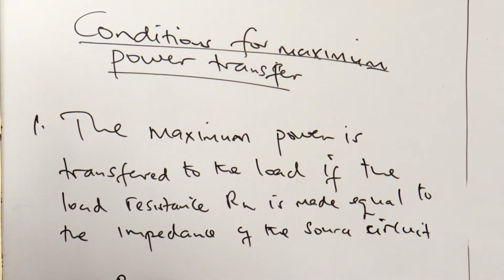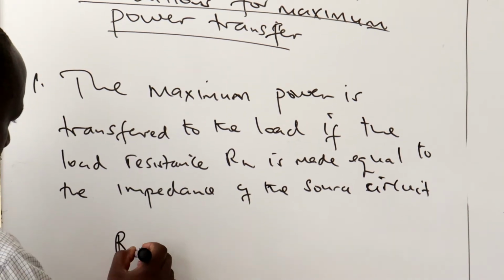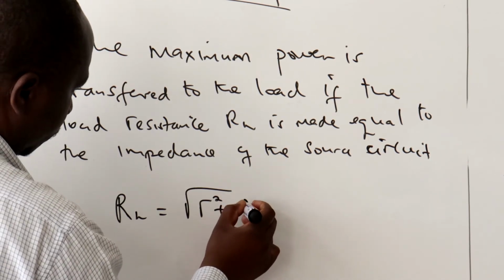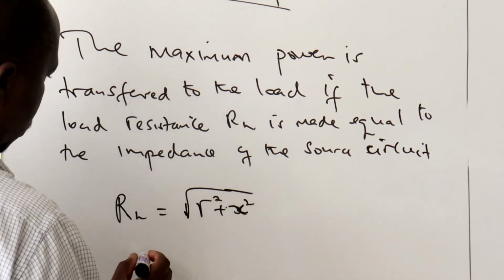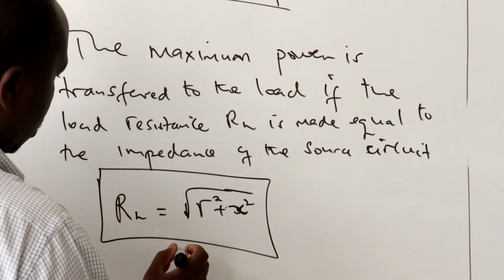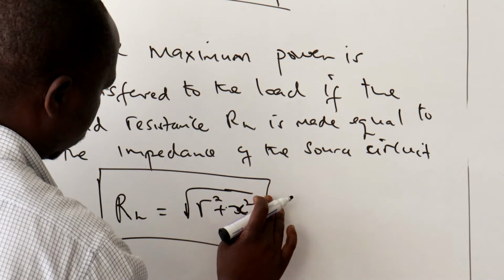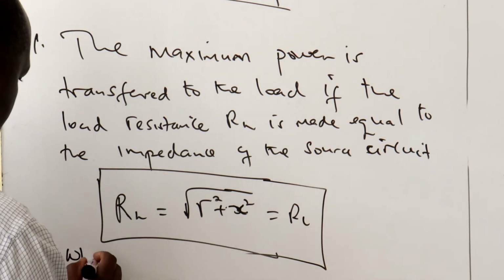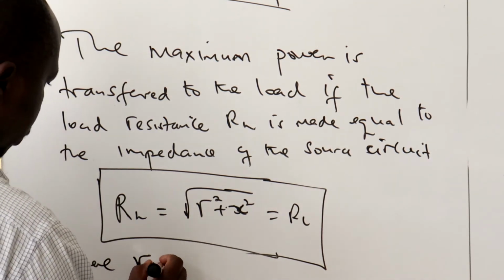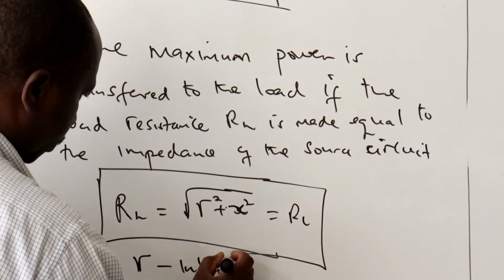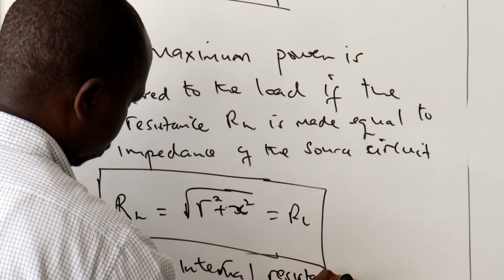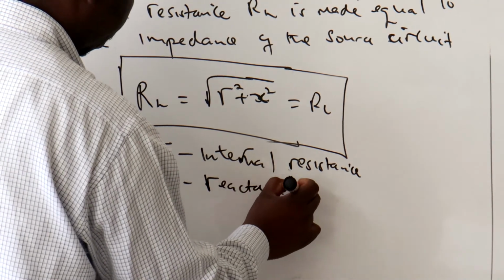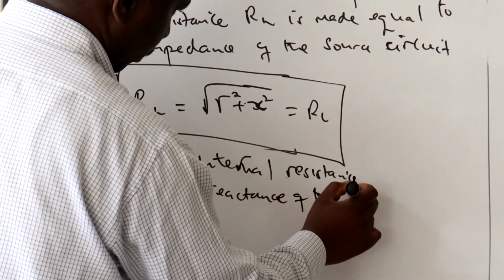In this case, R of L is supposed to be the root of R squared plus X squared, which must also be equal to R of I, where R is the internal resistance and X is the reactance of the circuit.